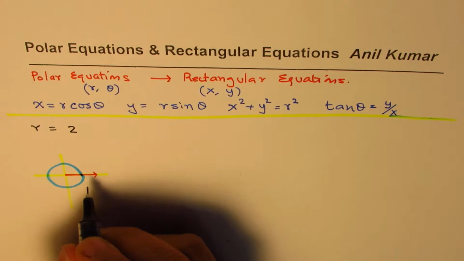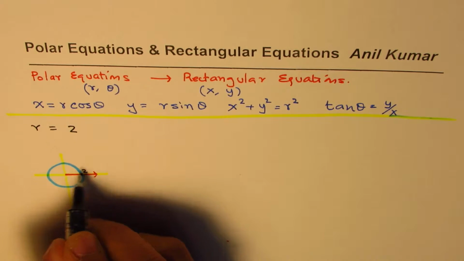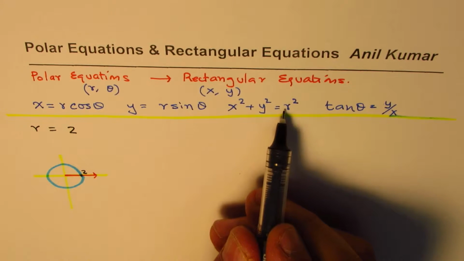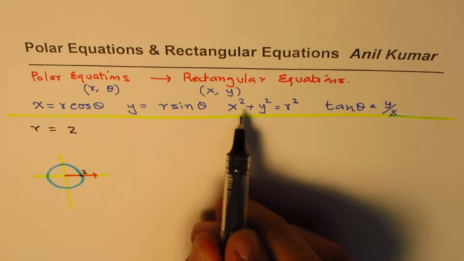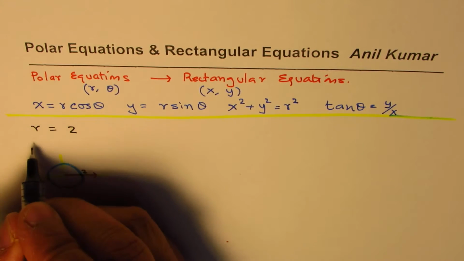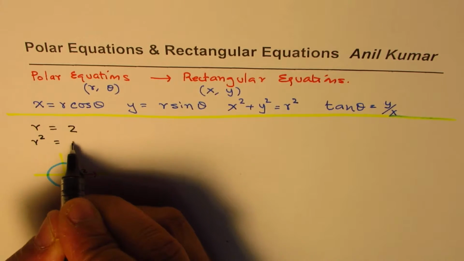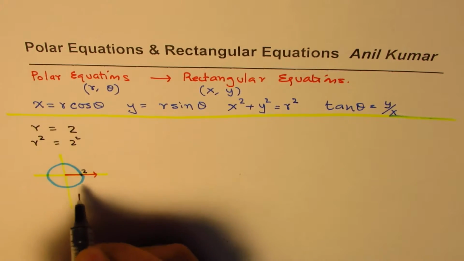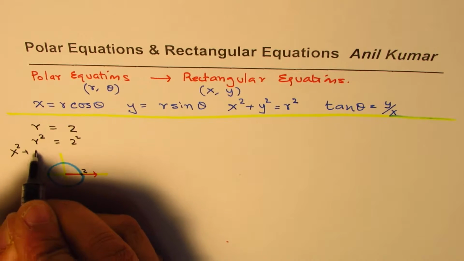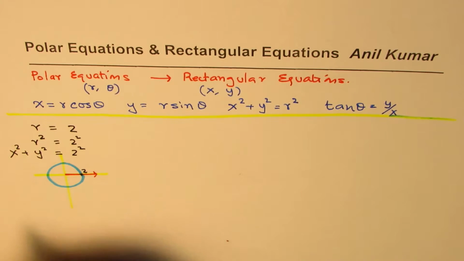Now, how does it translate to the rectangular system? What is r? Well, r squared we know is x squared plus y squared. Okay, so let's square both sides. If I square both sides, I get r squared equals 2 squared, which is 4, and r squared can be written as x squared plus y squared, so x squared plus y squared equals 2 squared.